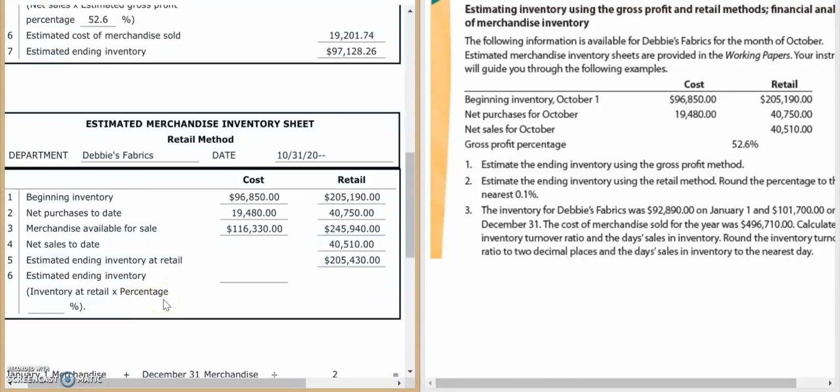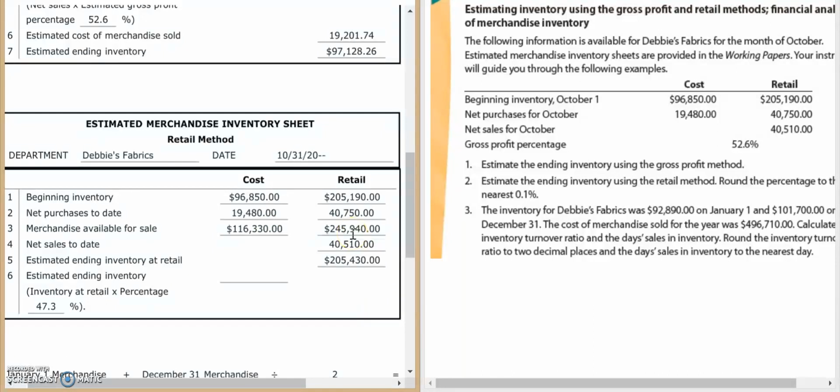In order to find our percentage, we need to take our merchandise available for sale at cost, right here, 116,330, and then divide it by our merchandise available for sale at retail, which is the 245,940, and we end up with a percentage of 47.3%. So again, I'm just taking the cost divided by the retail.